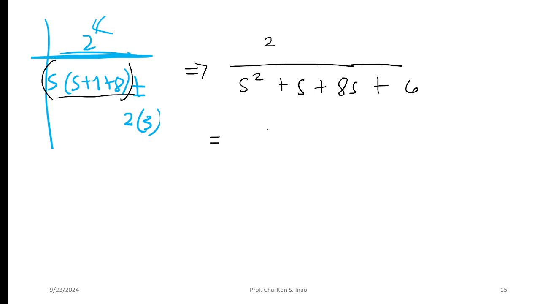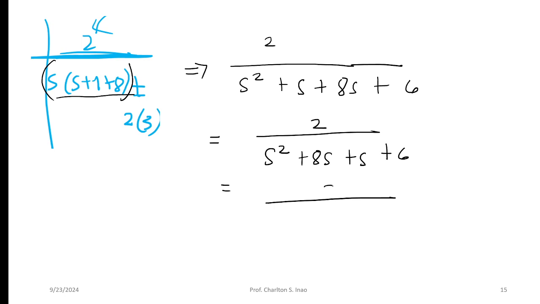So this is going to be s squared plus 8s plus s plus 6. So here is 2. 8s plus s is 9s, right? So s squared plus 9s plus 6.